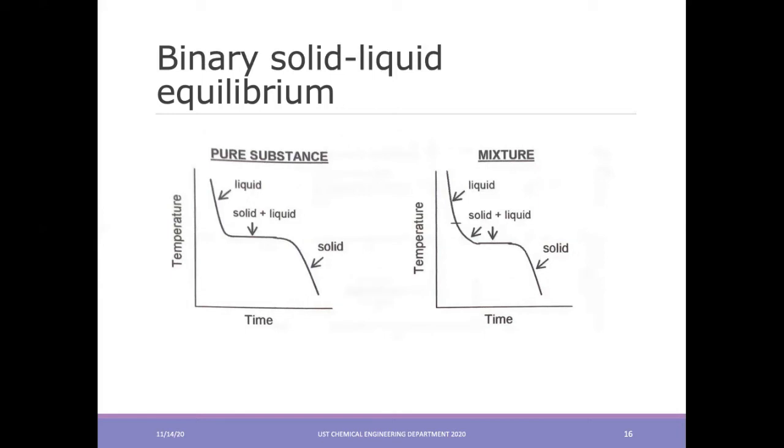If we compare the cooling curves of a pure substance versus a mixture, in the case of a pure substance, there is a sudden break in the cooling and the subsequent appearance of a plateau in the cooling curve. For a mixture, there is a gradual change in the slope before this point, before the curve flattens. These behaviors are presented here.